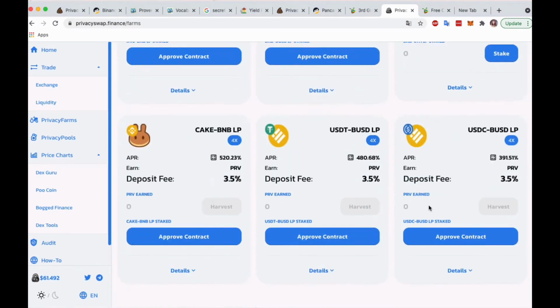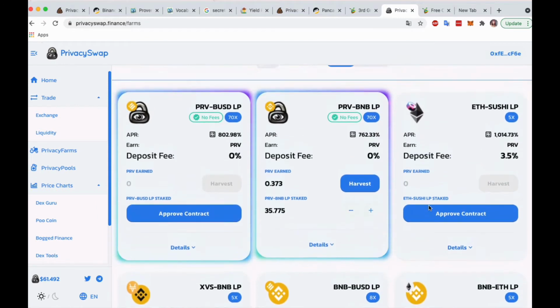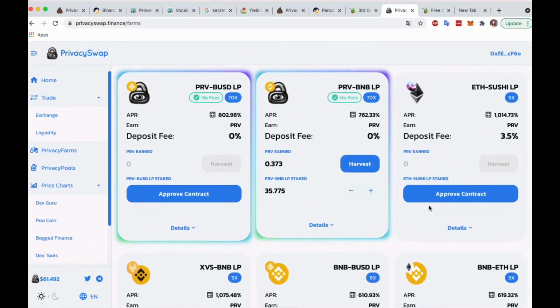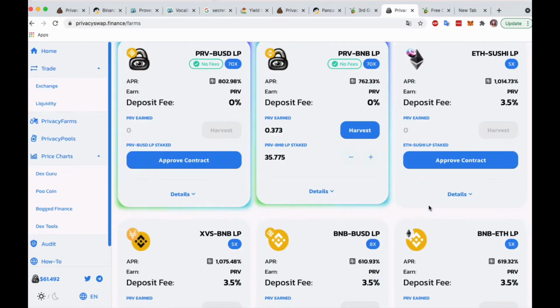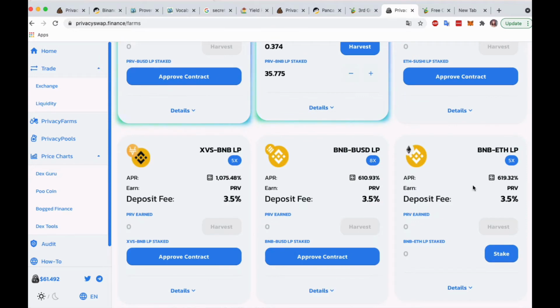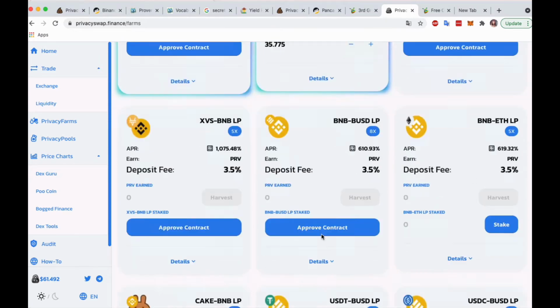Now, before we go any further to discuss allocation, a lot of people have been asking me questions like, how do you split up some investment fund to different farms? How do you decide whether to put more in, let's say, the native ones, or which of the native ones, or some of the other ones which happen to have a high APR?